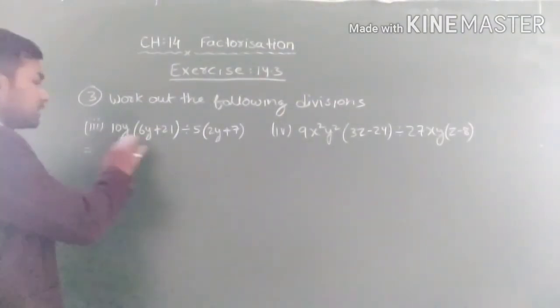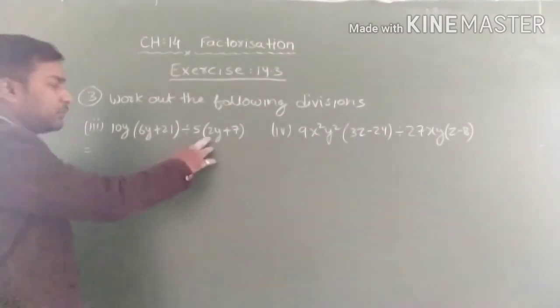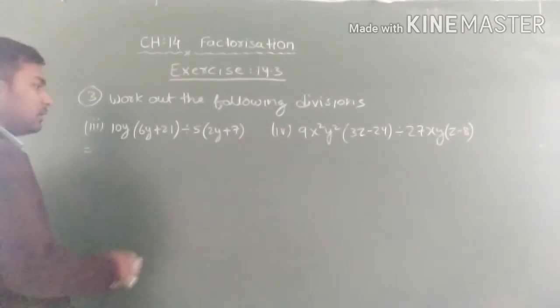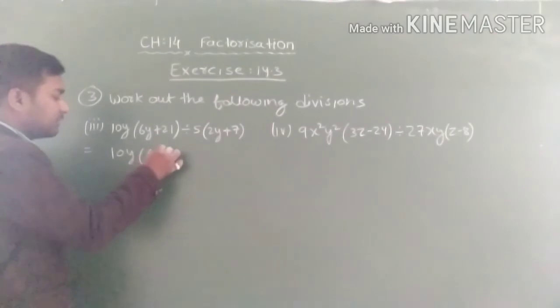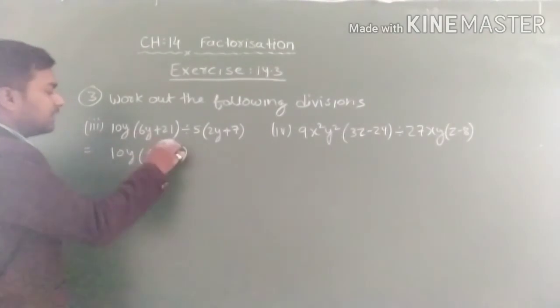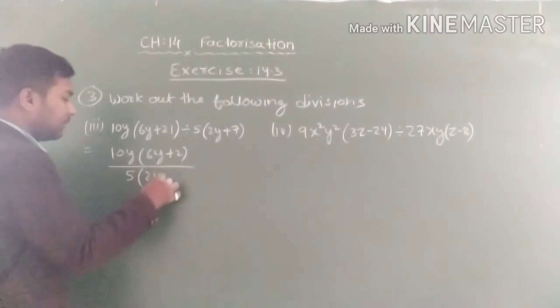Now the question is given: 10y(6y plus 21) and 5(2y plus 7). Now we have to divide it. So we can write 10y(6y plus 2), divided by this term, 5(2y plus 7).